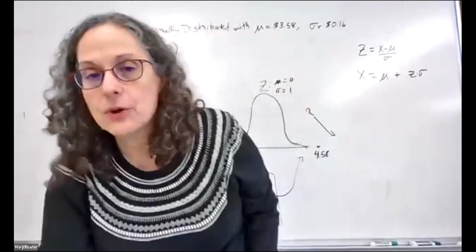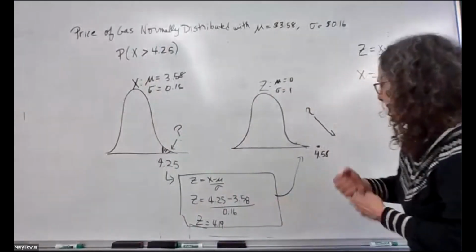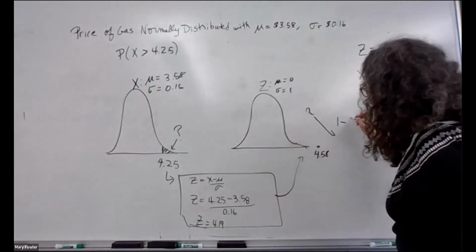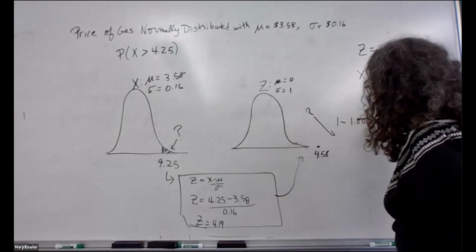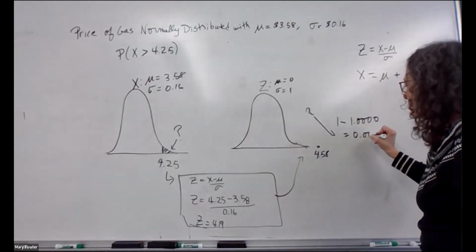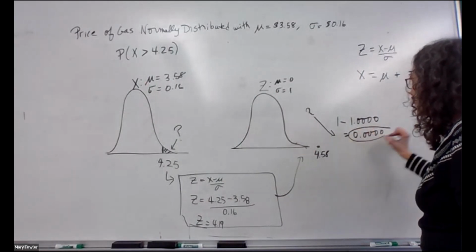So what we know is then this is 1 minus the area to the left, right? That's what we have. And so that's really 0. We can call it 0 to 4 decimal places.